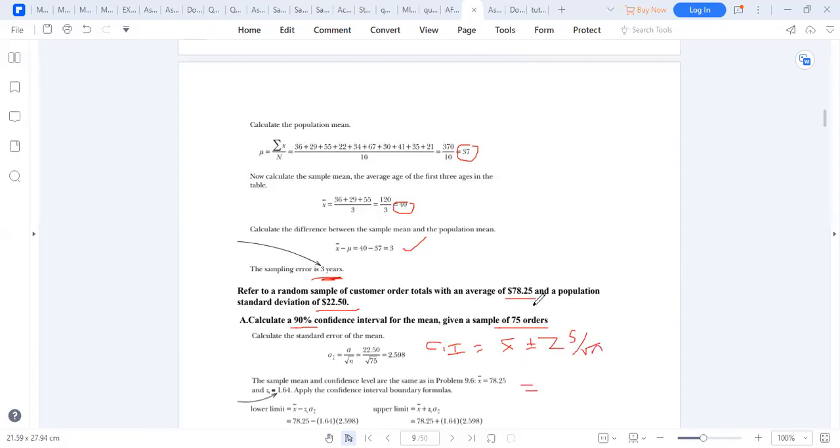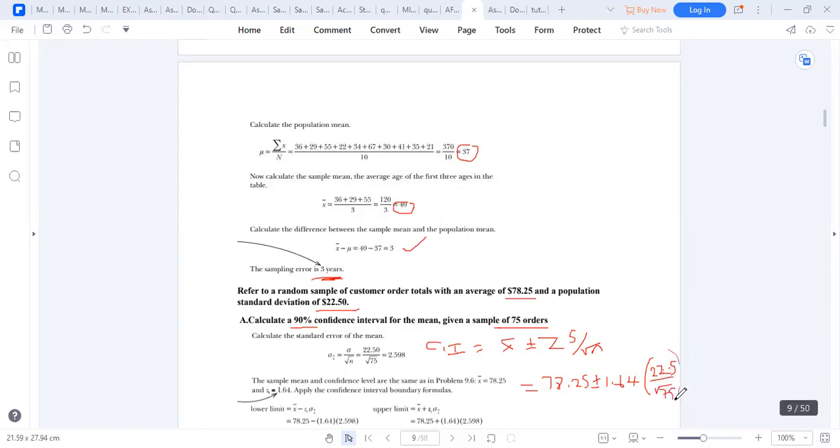So our mean here is 78.25, our z at 90% is 1.64, our standard deviation is 22.5, and our n is 75.